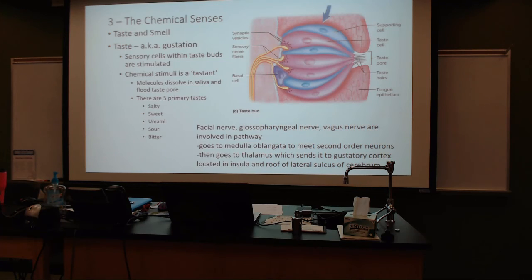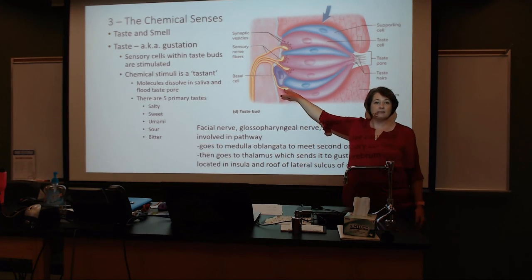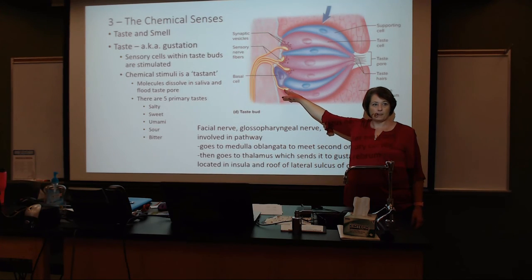As saliva is getting created and we're breaking down the foodstuffs, that floods the taste pore. When it floods the taste pore, it stimulates the taste hairs. Is everybody following me? When we stimulate the taste hairs, they're the ones that are connected to the nerve fiber.